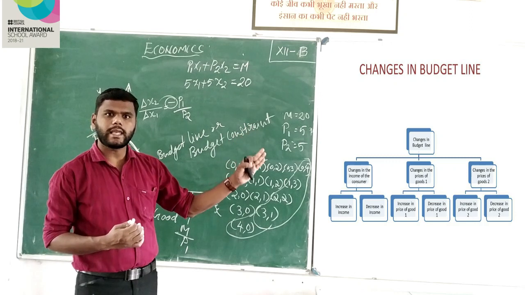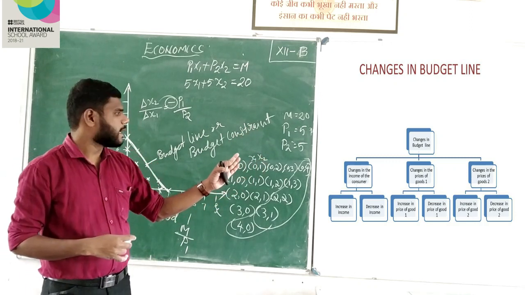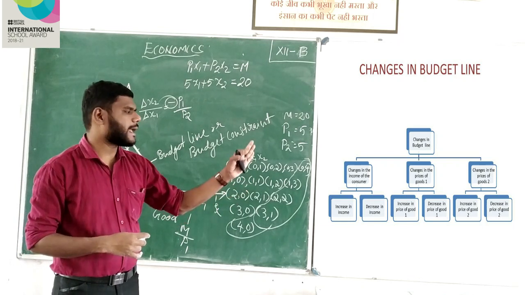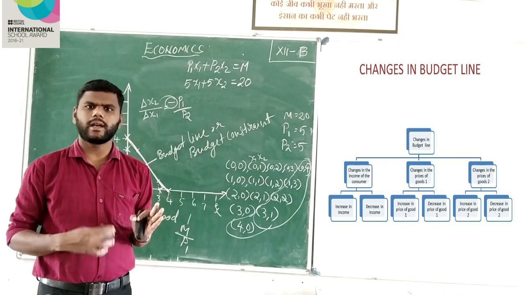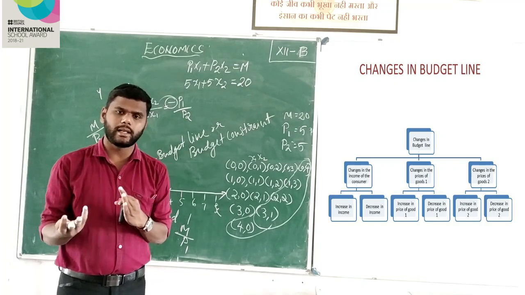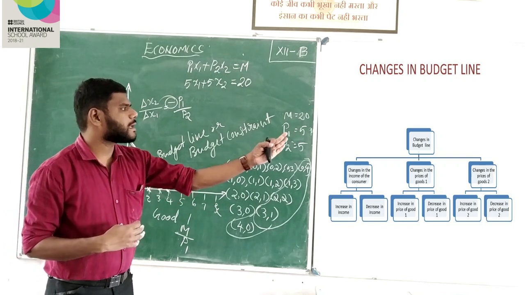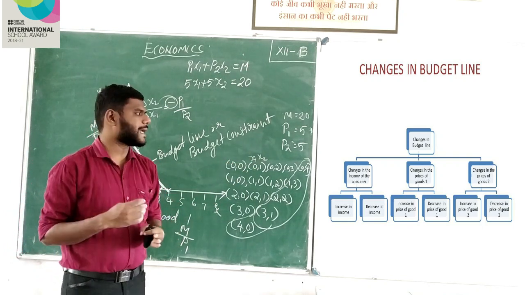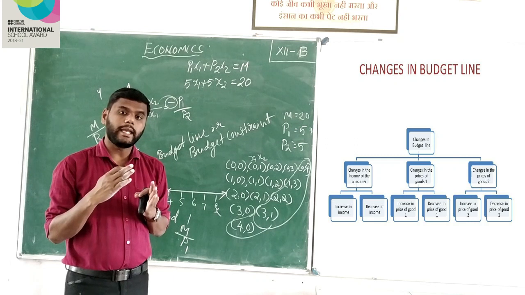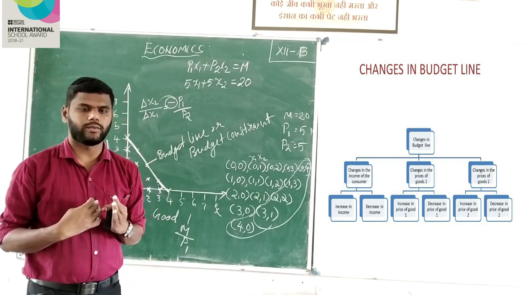Again, these changes in the income of the consumer we can classify into two: increase in income and decrease in income. For example, his income may increase or decrease. And changes in the price of good 1, that is, the increase in the price of good 1 and decrease in the price of good 1.